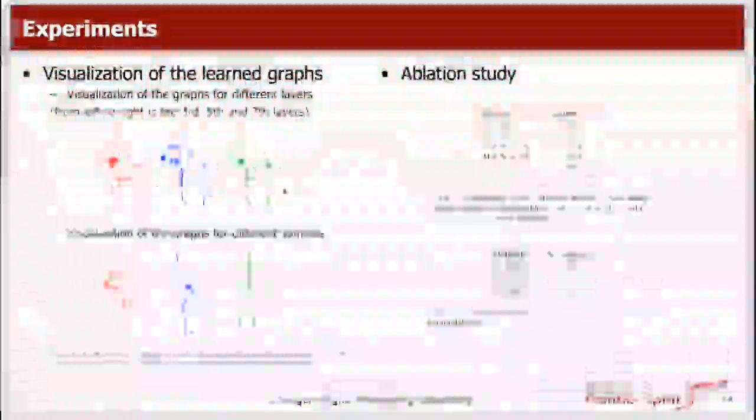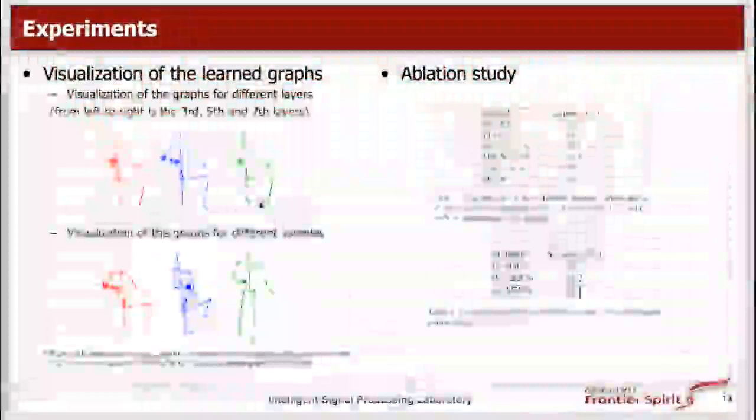And next, here are some visualizations of the learned graphs. The first one is a visualization of the graphs for different layers. From left to right is from the third, fifth, and seventh layers. We can see that with the layers going deeper, the learned features will get a more global vision of the graph.